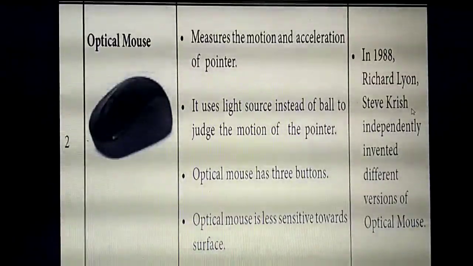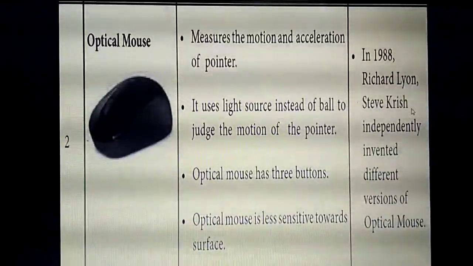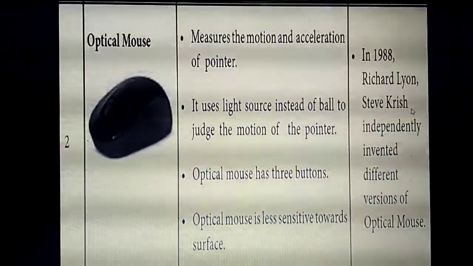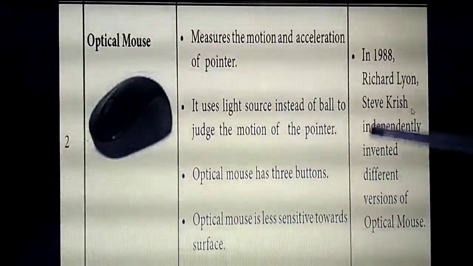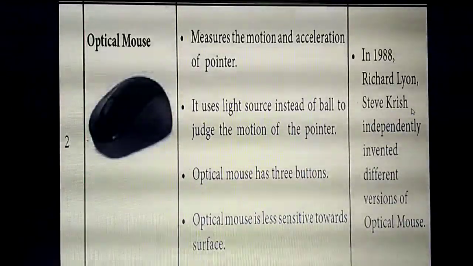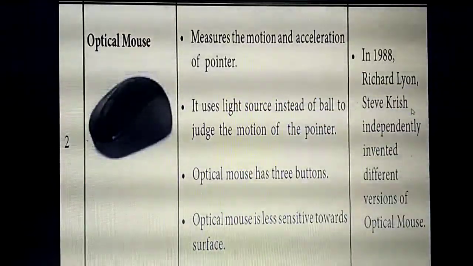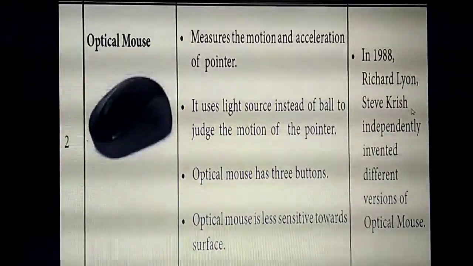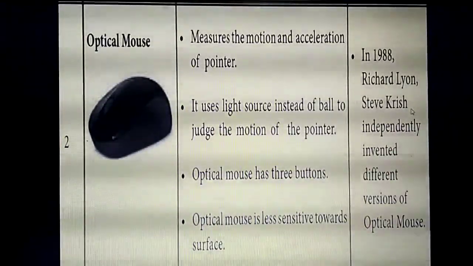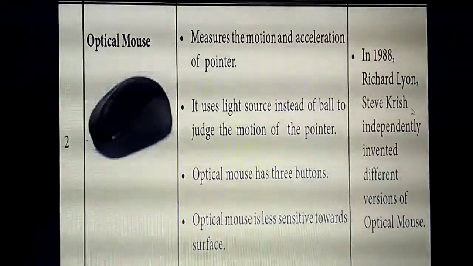So here, what's the important thing? In the mechanical mouse, what's the important feature I said? Yes, a ball-like structure is present at the center. But here, instead of that ball, the thing used to judge the motion is a light source. At the bottom of the optical mouse you can see one light, a red color or blue color light source.